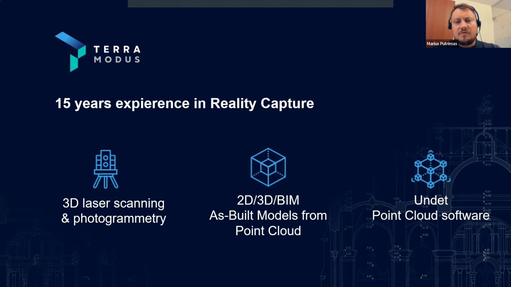We have divisions which are doing 3D modeling and 2D drafting. We're using AutoCAD, Revit, SketchUp, and through these activities we are developing Undet software, which helps us solve some problems which appear when you're working with point clouds daily.